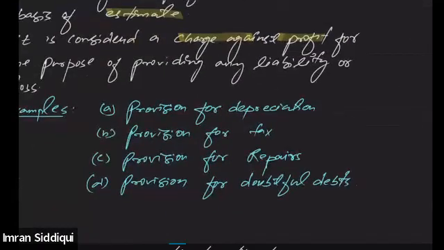So the purpose of creating the provision is to anticipate a loss which has already occurred or will be incurred in future, but the amount of which cannot be ascertained with accuracy. And it is also prepared for depreciation. If the value of the asset gets depreciated, we will have a sufficient amount of funds to restore that machine.